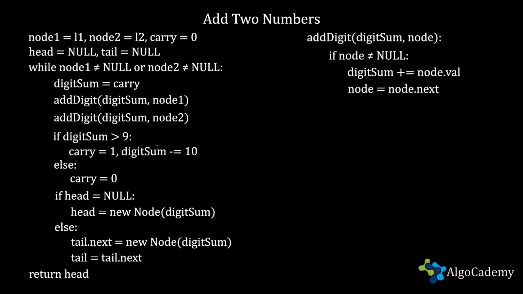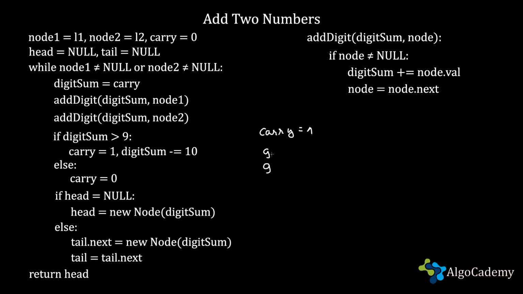If digit sum is greater than 9, well, I'll set carry to 1 and I'll decrease 10 from the digit sum, right? Else carry equals 0. So, for example, let's say I had carry equals 1, right? And my digits were maybe 9 and 9.